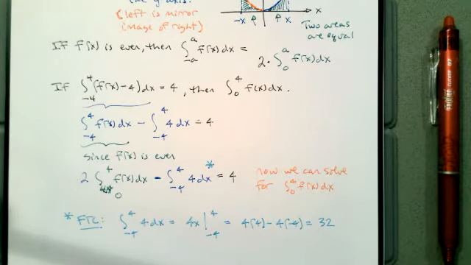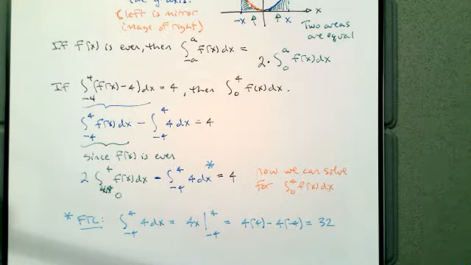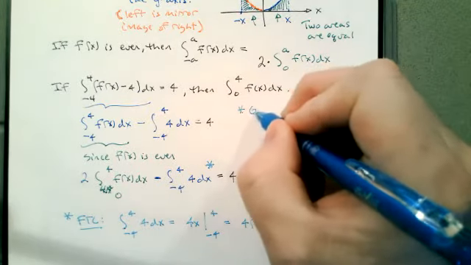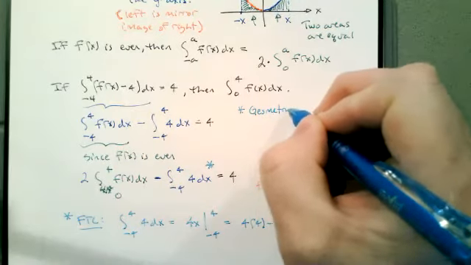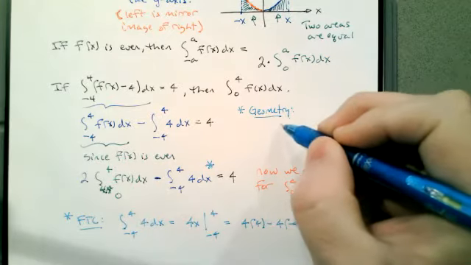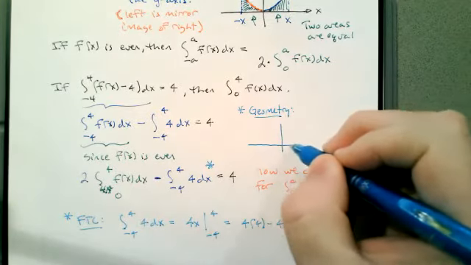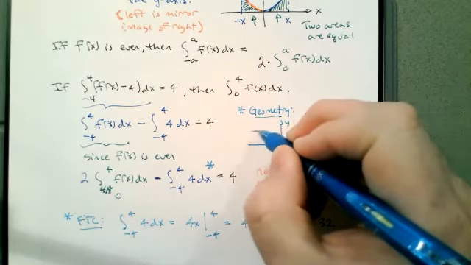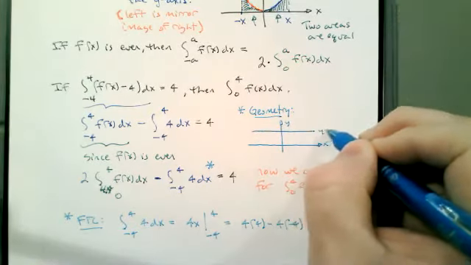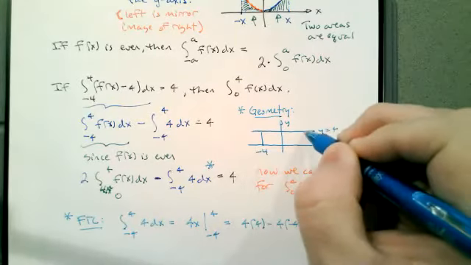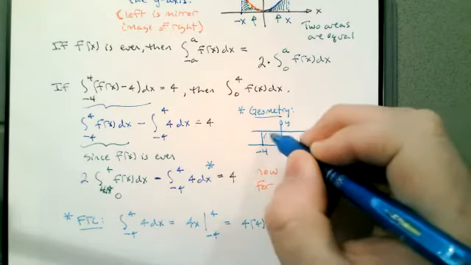We can also use geometry. If we think about what this graph looks like, or what we're looking for in this definite integral, we're looking at the function y equals 4, and we want the area from -4 to 4.